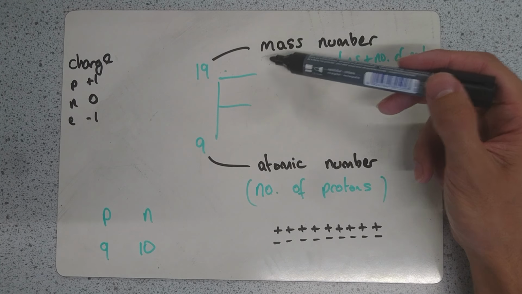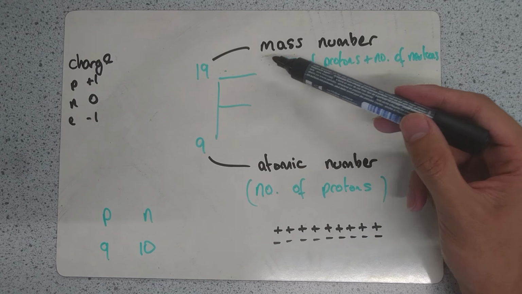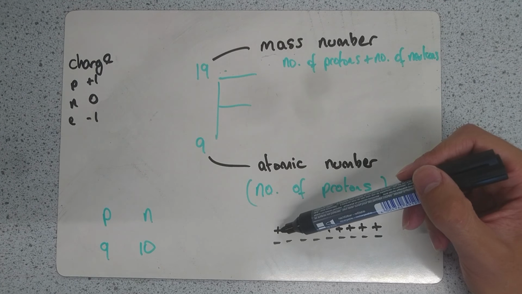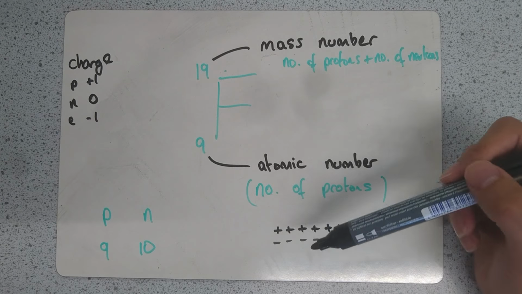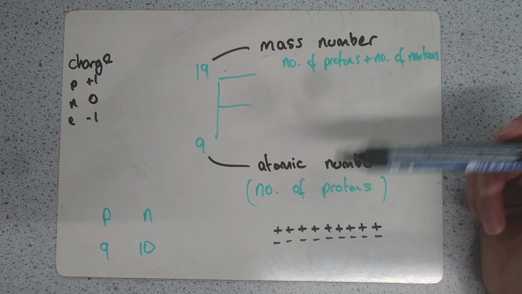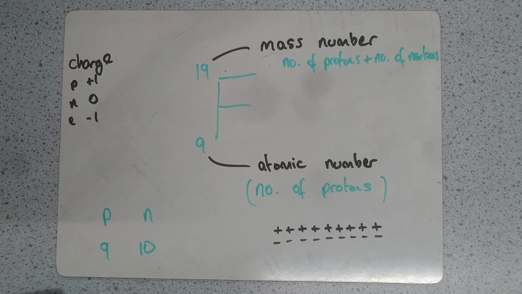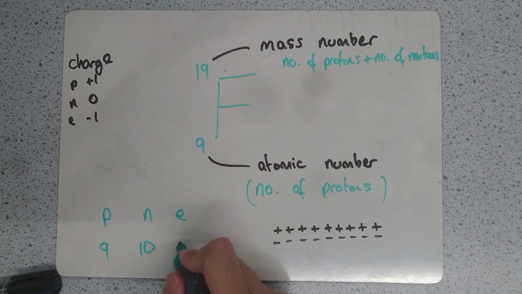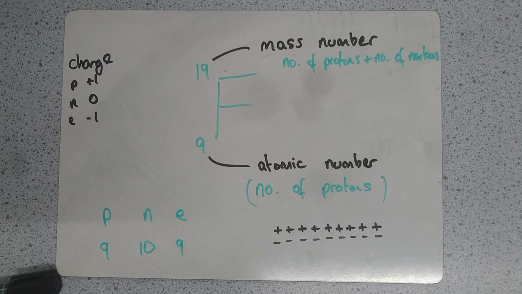So up here, if it's going to be 0 or no charge, there can't be any more positives than there are negatives, there can't be more negatives than there are positives. So because we've got 9 protons, we must also have 9 electrons.